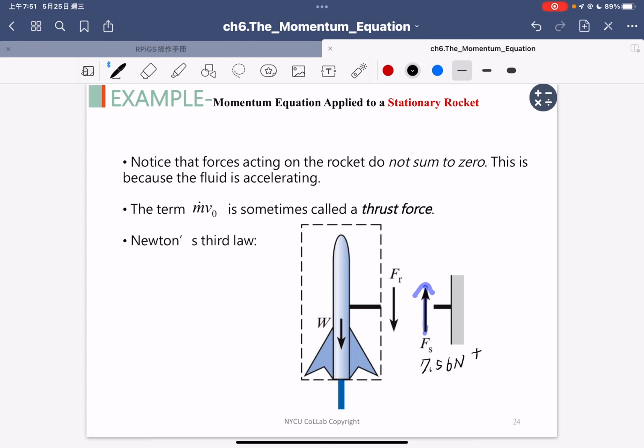Okay, and usually the mass flow rate multiplied by the velocity, for the rocket, we call the thrust force. So this is a very famous exercise. We discussed the rocket behaviors based on the modeling test.